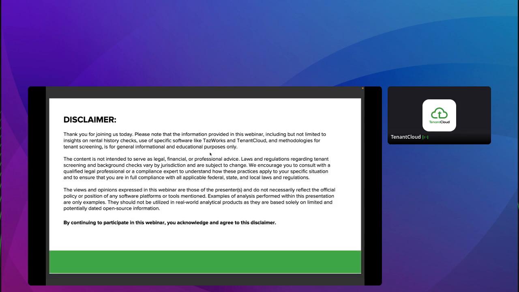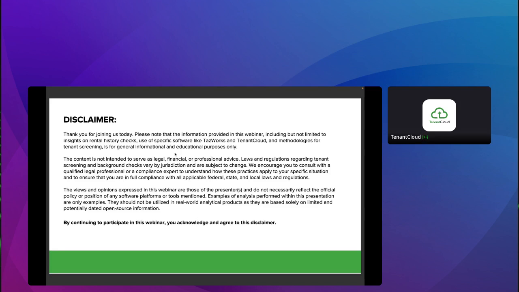There is a disclaimer we want to go over because we are dealing with laws and legal topics. And so I'm just going to read it real quick. Thanks for joining us today. Please note that the information provided in this webinar, including but not limited to insights on rental history checks, use of specific software like TazWorks and TenantCloud, and methodologies for tenant screening, is for general, informational, and educational purposes only.